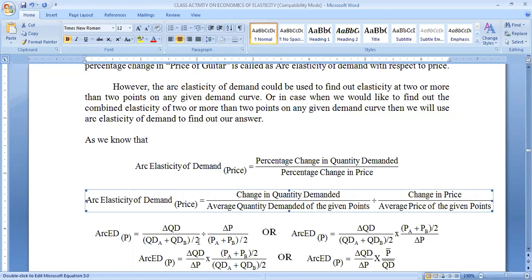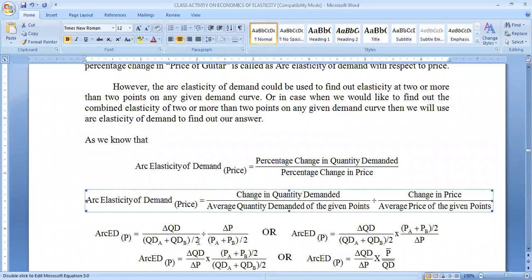What if the points are increased from 4 to 8? Then we will add all the 8 quantities demanded and divide the sum by 8, and so on, right?